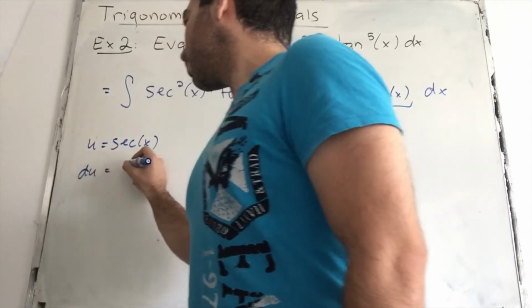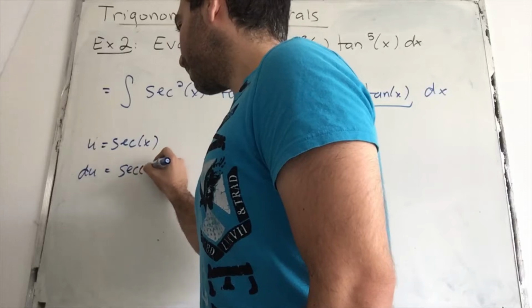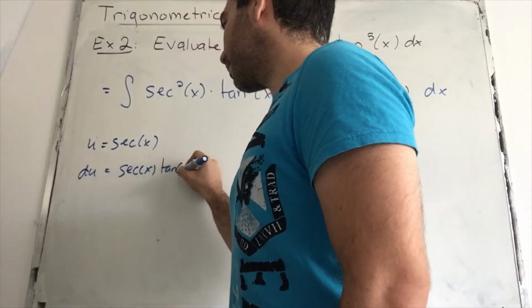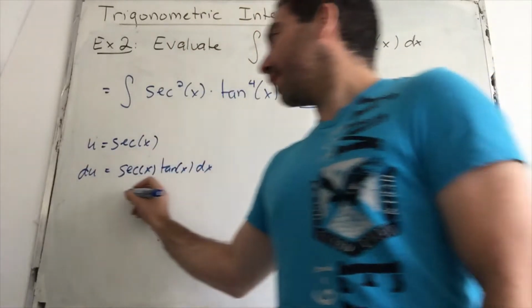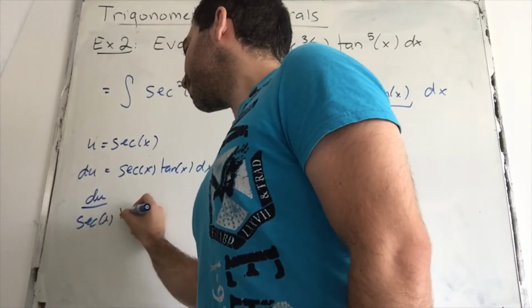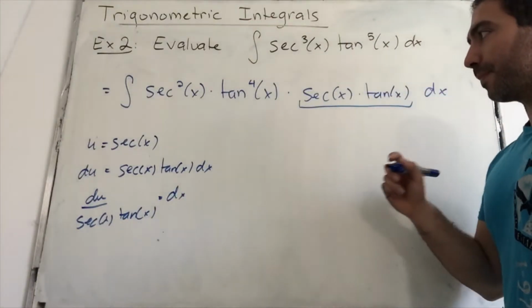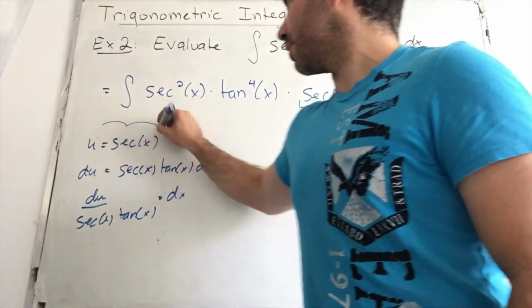So du equals, the derivative of secant is secant tan dx, and solving for dx we get du over secant tan. Okay, so again, this is side work.